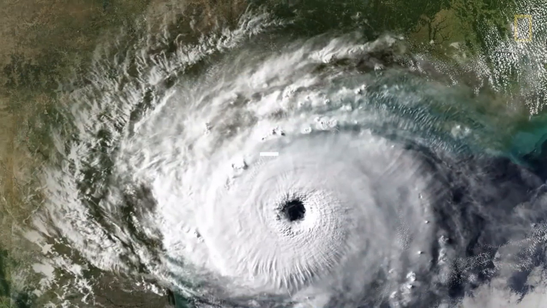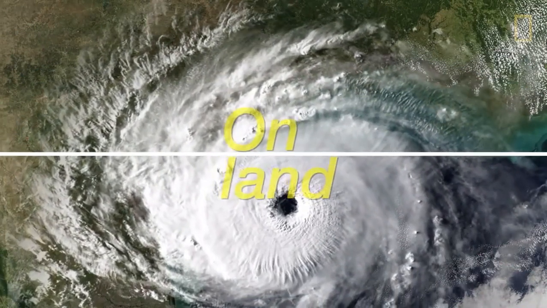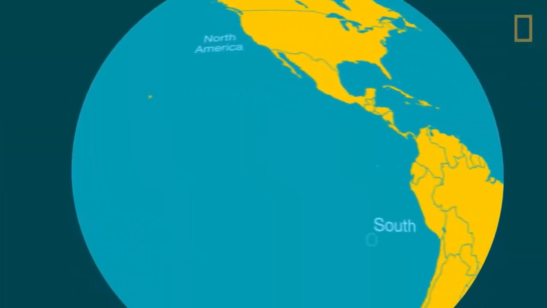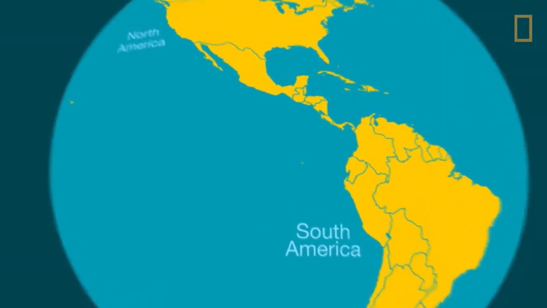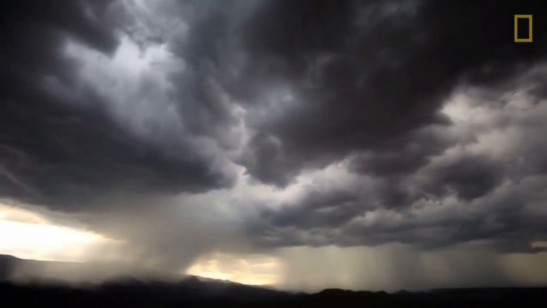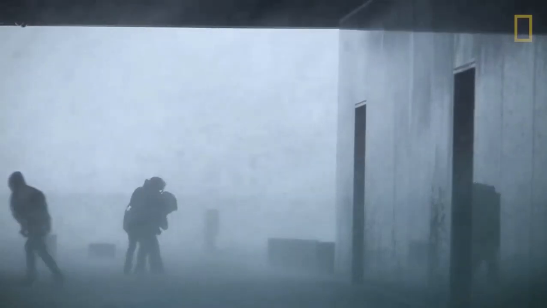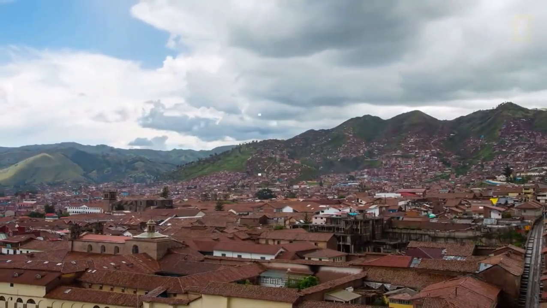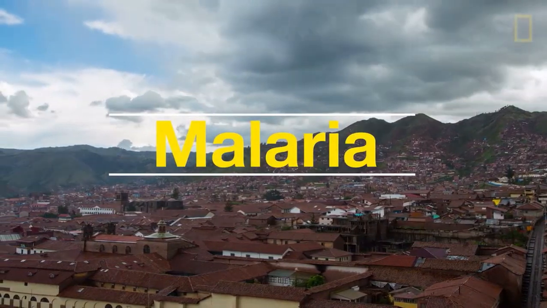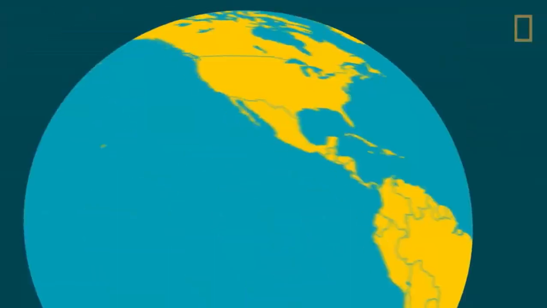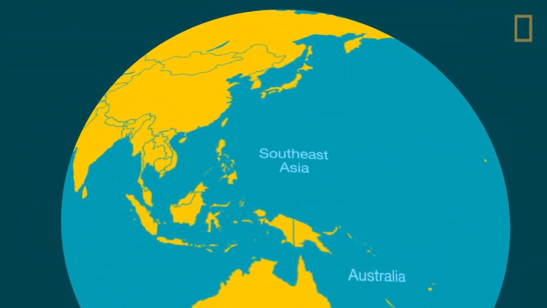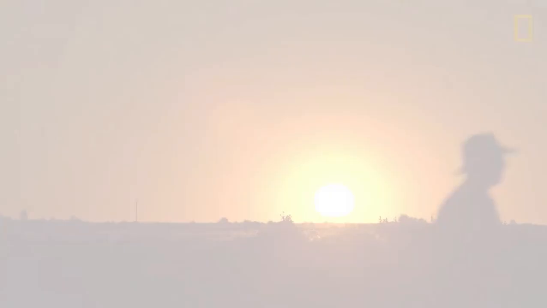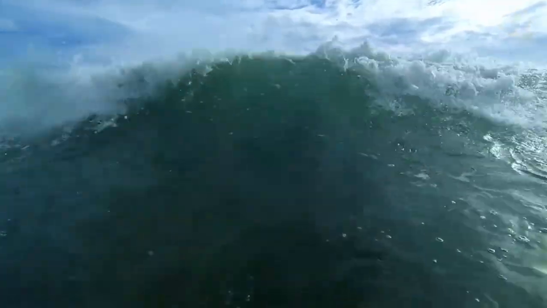But El Niño's most noticeable repercussions are felt on land. In the western United States and Central and South America, the warm air and moisture lead to increased storms, rainfall, floods, loss of life and property, and the increase of some vector-borne diseases like malaria, even in places where they don't normally occur. In Southeast Asia and Australia, the opposite takes place. These areas suffer from drought, wildfires, and colder ocean waters.